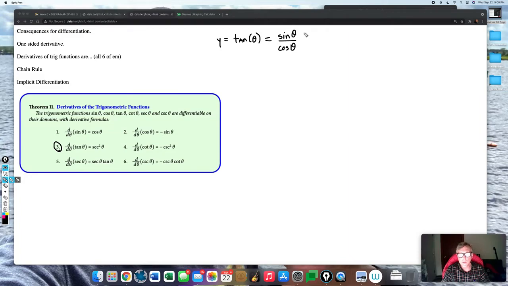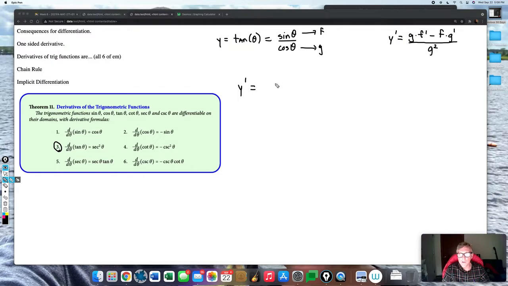Let me kind of point that out. We're going to let this be f and this be g. And our y prime, remember the quotient rule, right? It is, for the quotient rule, low d high minus high d low over low squared.